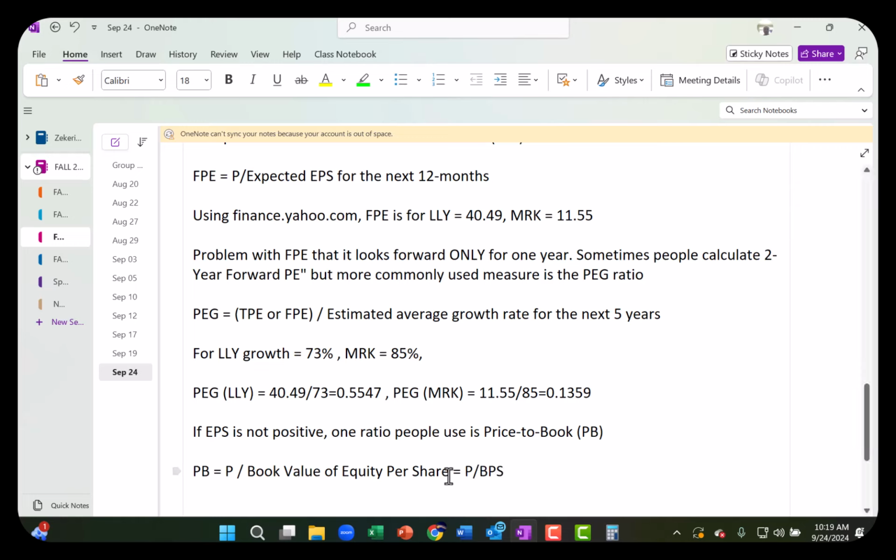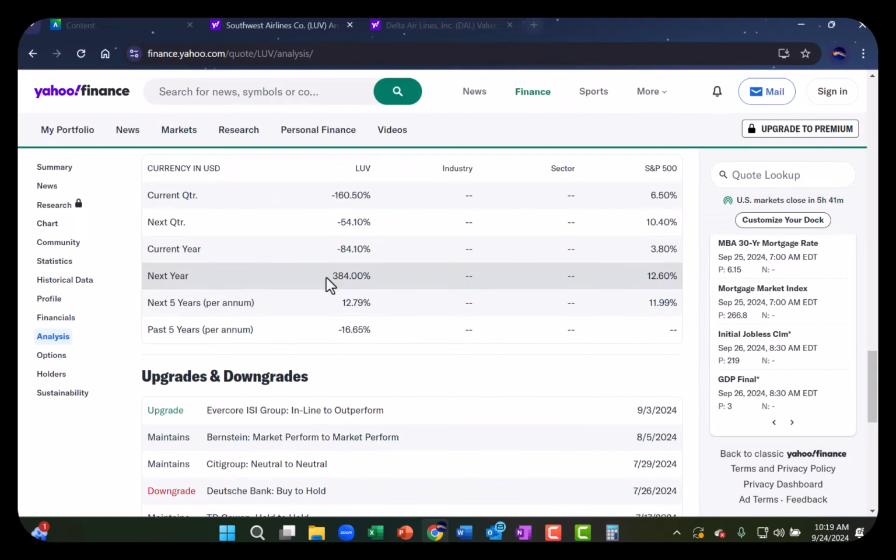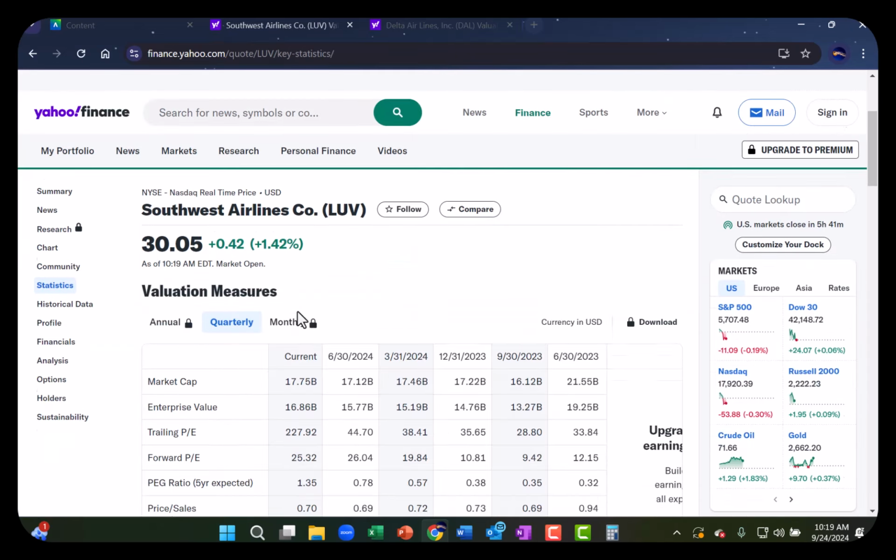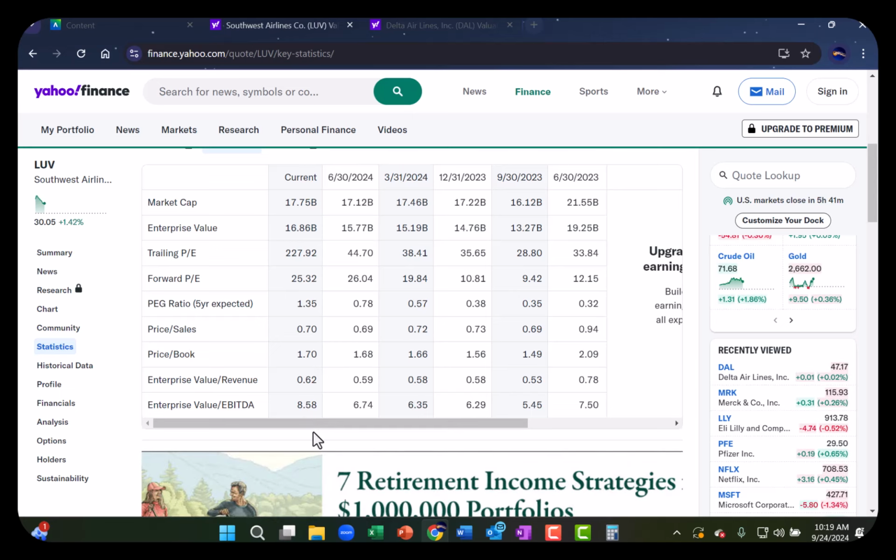Let's call this BPS. All right. Let's look at those, for example, for Southwest and Delta. For Southwest, that's 1.70.